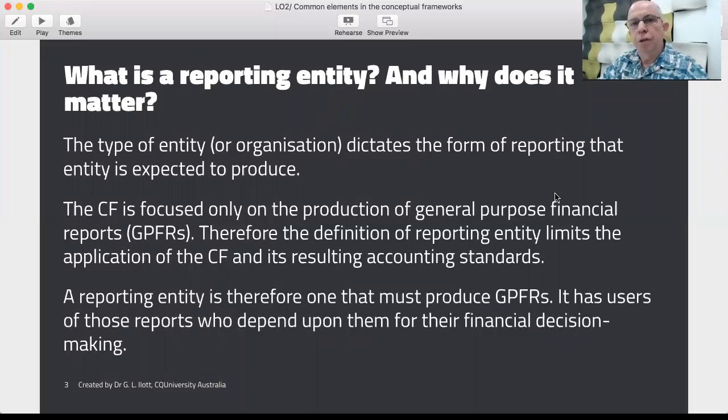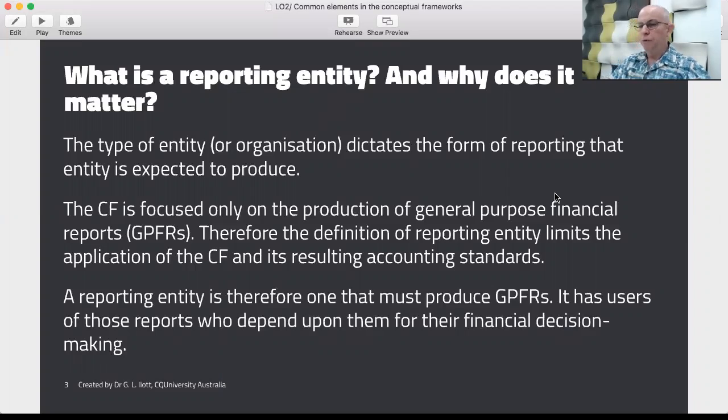The first thing we need to know about the conceptual framework and its elements is what is a reporting entity and why does it even matter? The idea of the reporting entity drives the application of the conceptual framework and its resulting standards.